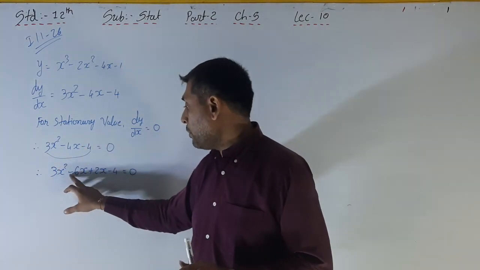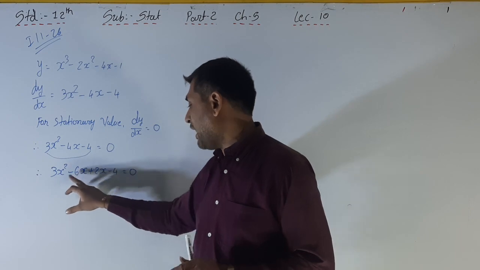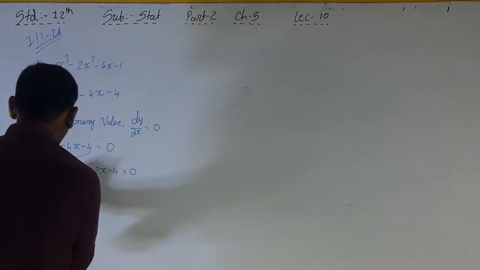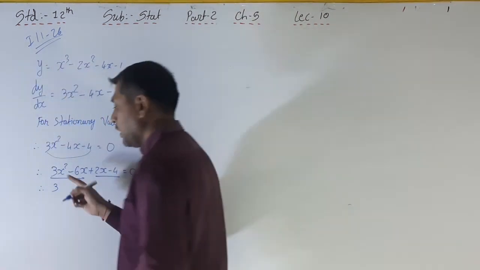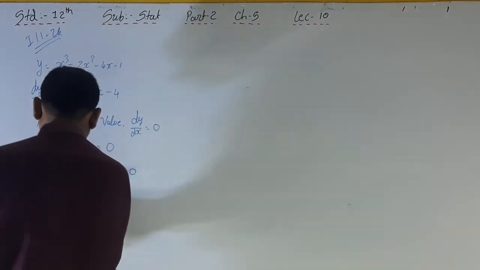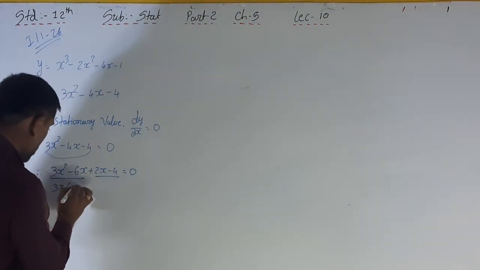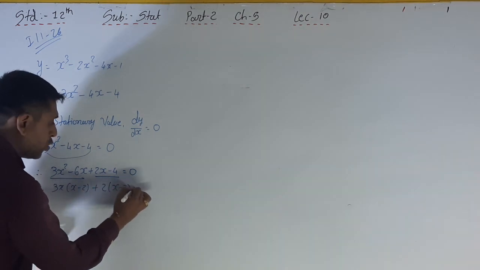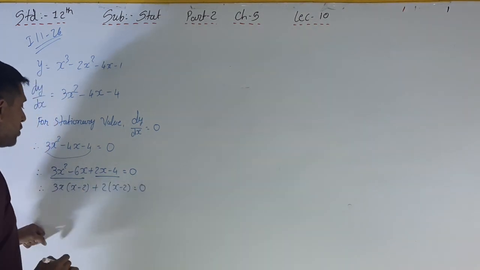Then what is the factor? We have to take the common from these and these. So here 3x is the common, so x minus 2 plus 2 is the common. So x minus 2 is equal to 0.